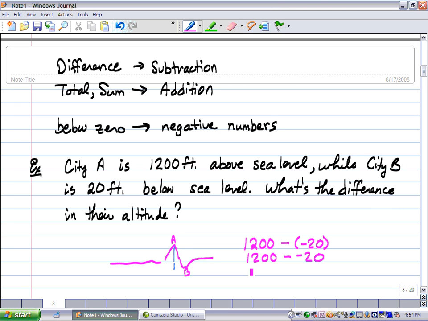So those two negatives are really right next to each other. And what do two negatives next to each other do? Remember, this right one is going to hop over on top of that left one and make it into a plus. So the difference is 1,220 feet.